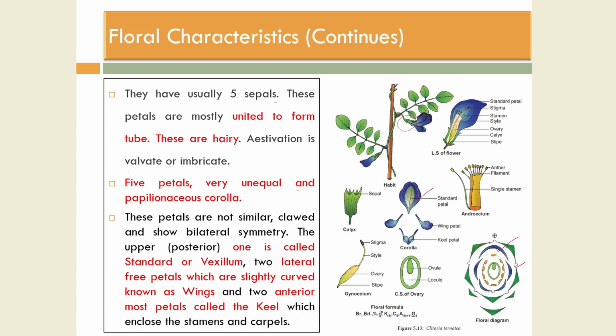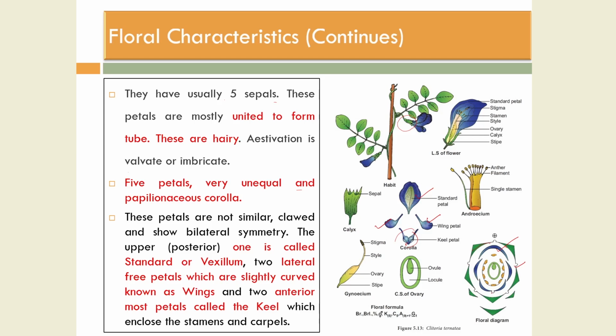You can see the first one, which is the larger, is called the standard. Then there are 2 lateral petals, called the wings, and the other 2 are called the keel, which are united from the base. The standard, or vexillum, covers the wing petals and the keel, which is united at one point.